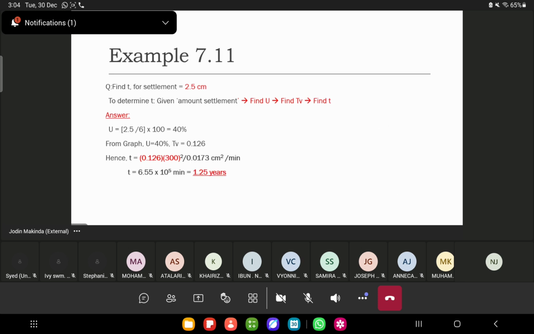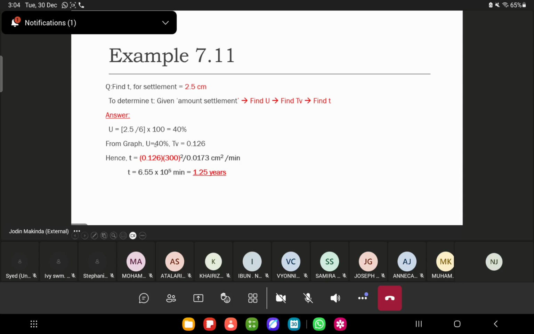Okay. Similarly, if we are given settlement 2.5, what is the time? Again, you follow the hint. Settlement, find U dulu. So U is 2.5 cm divided by 6, which is 40%. After finding U, find TV.